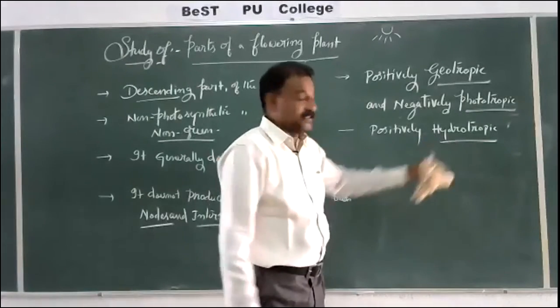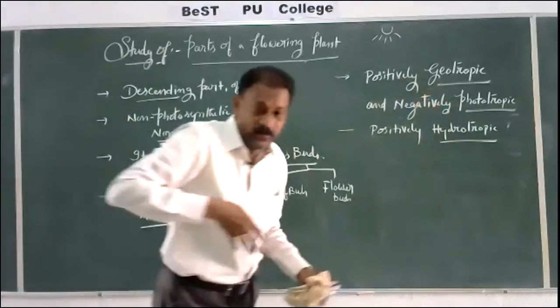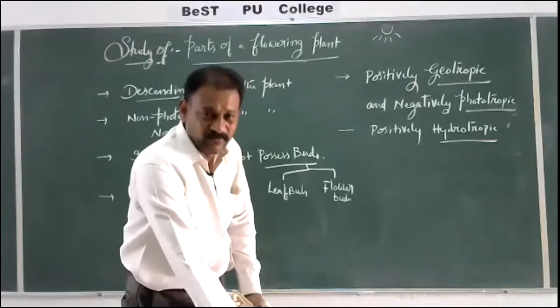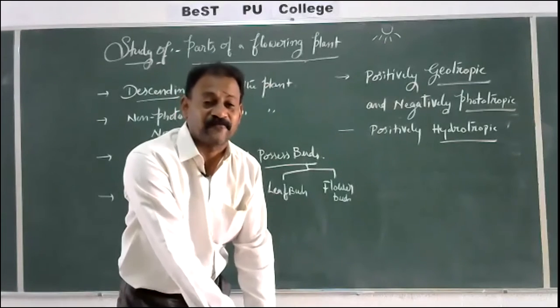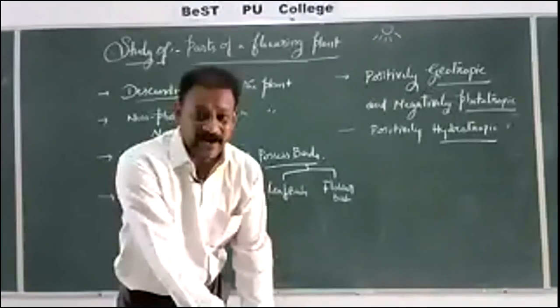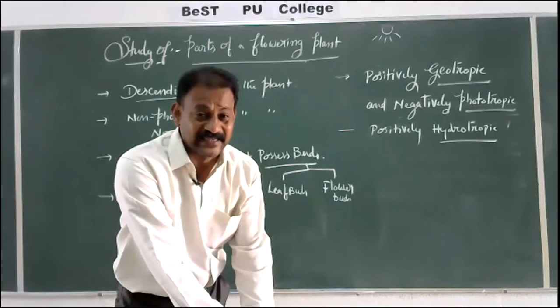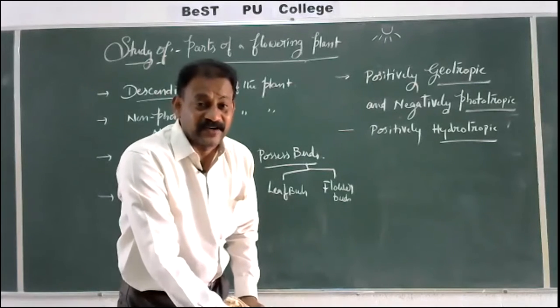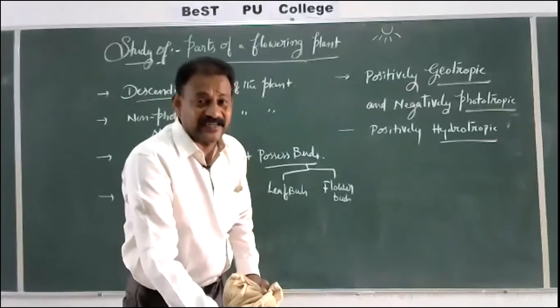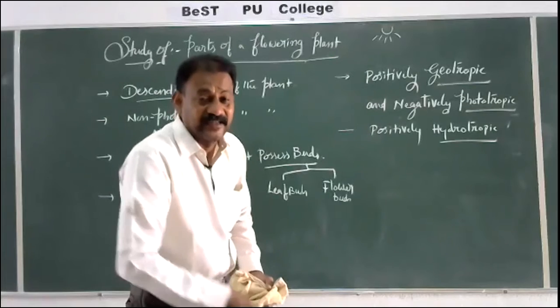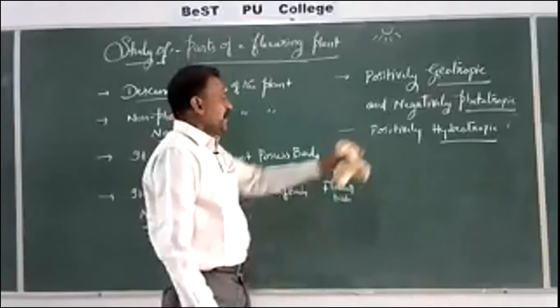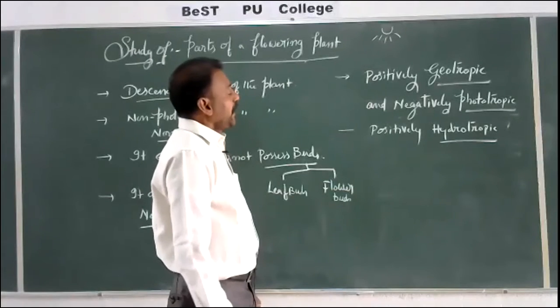Positively hydrotropic. Here positively geotropic, it moves towards the soil. Why is it moving towards the soil? In search of water. Towards the water. Hydro means water. For the sake of water, to take the water and mineral elements present in the water, it is moving towards the water. So it is called positively hydrotropic.